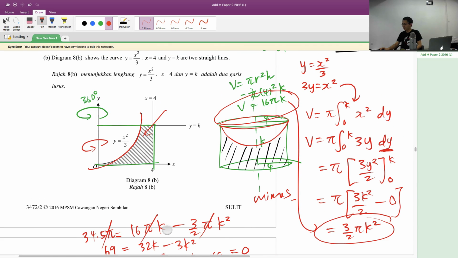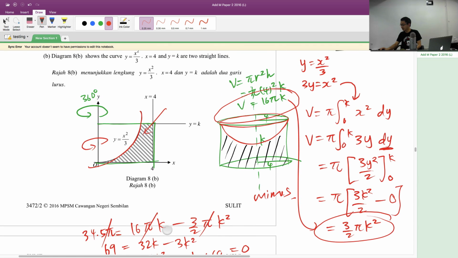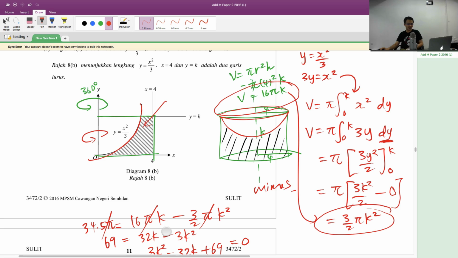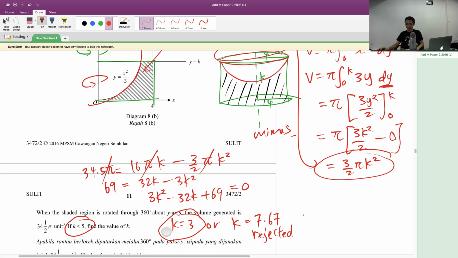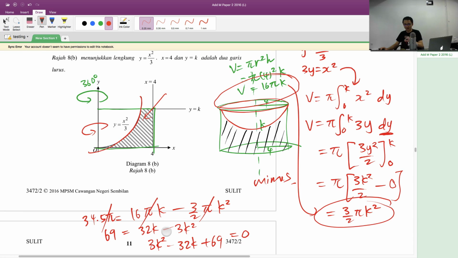Okay, this question is not very difficult, so you have to understand how this kind of question works. Whenever the area you want to rotate does not touch the y-axis, and you want to rotate about the y-axis, then you always need to use the first volume minus the second volume.